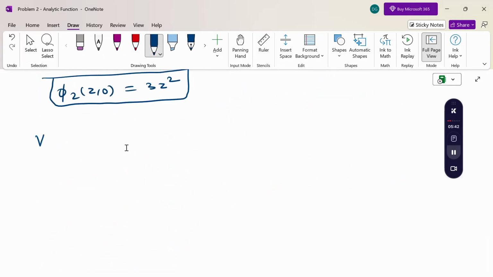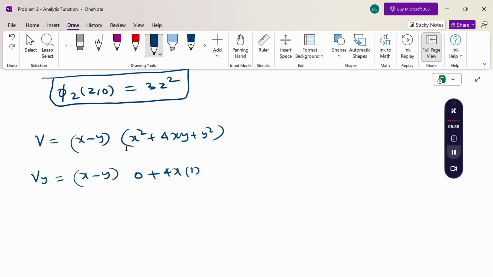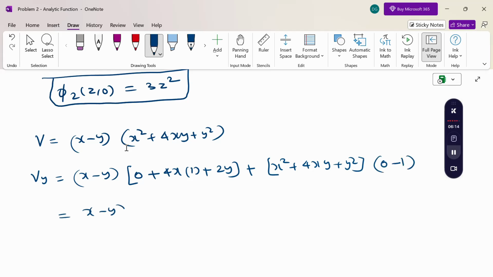Then capital V is (x minus y) into (x square plus 4xy plus y square). Partial derivative with respect to y: u v dash, where in v dash with respect to y, x square is constant so 0, 4x is constant times y differentiation 1, plus 2y. Plus v into u dash, which is 0 minus 1. Now the term is (x minus y) into (4x plus 2y) minus (x square plus 4xy plus y square).